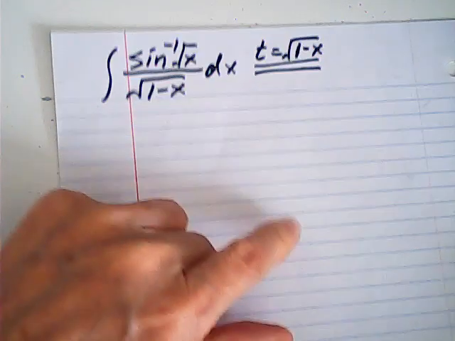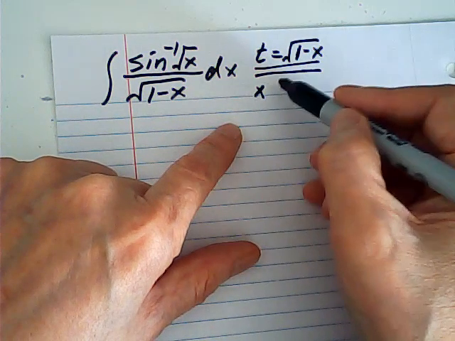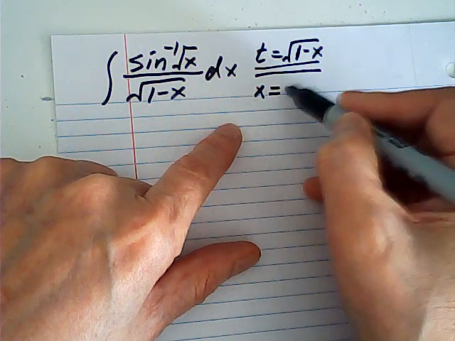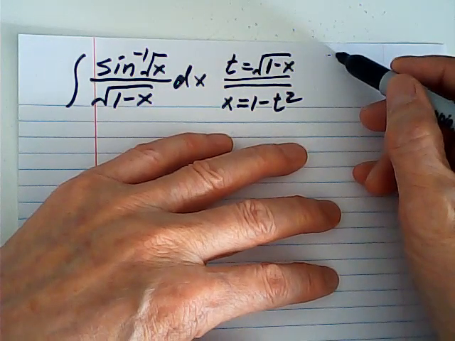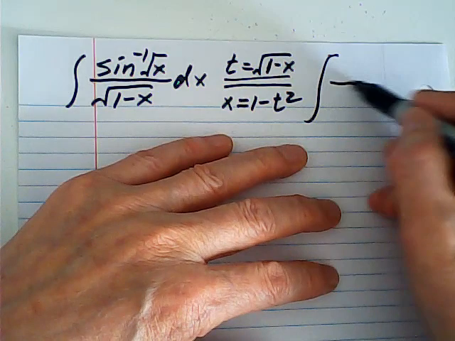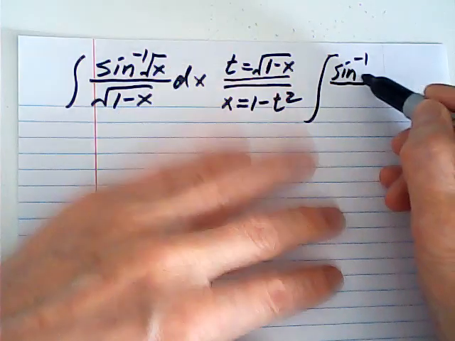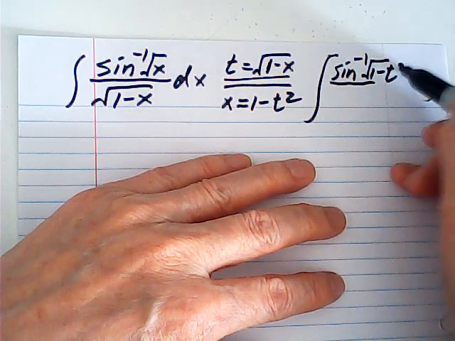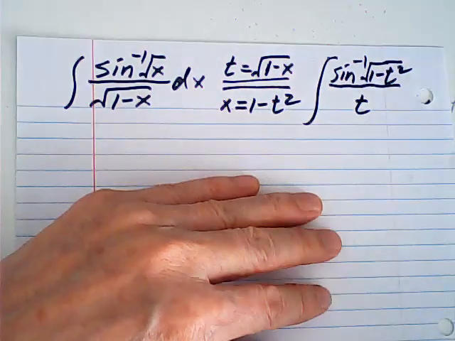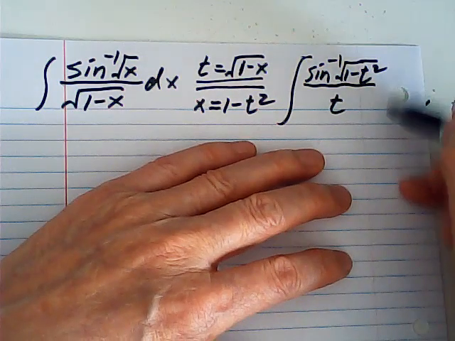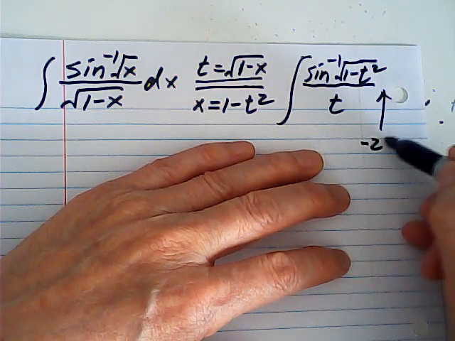T be the square root of 1 minus x. So x will be x equal to 1 minus t squared. So my integral will be arcsine square root 1 minus t squared over t, right? Dx is, no room right here, okay, minus 2t dt.